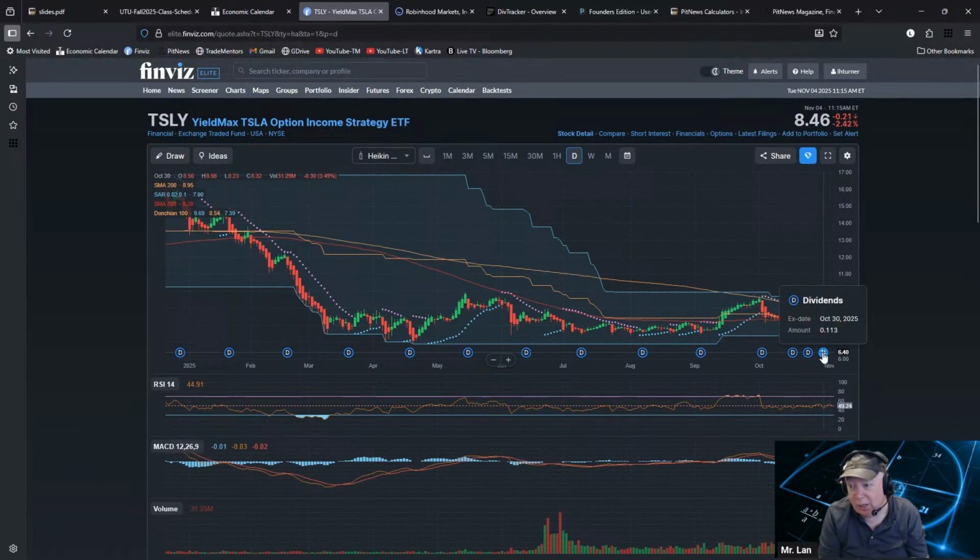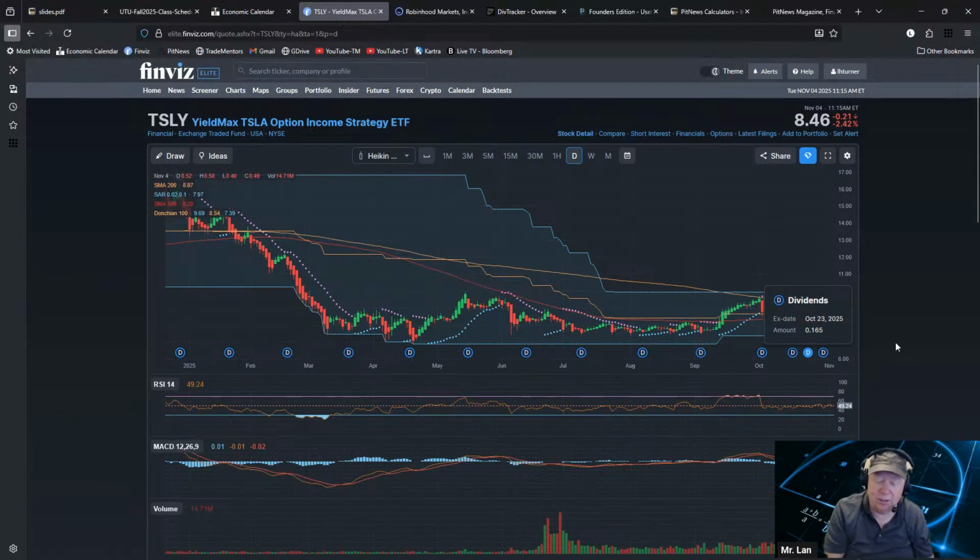Let's say 15 cents on average, the middle one. So 1,180 shares times 0.15 equals $177 a week, times 4. So you're going to make $700 a month on TSLY with your $10,000.